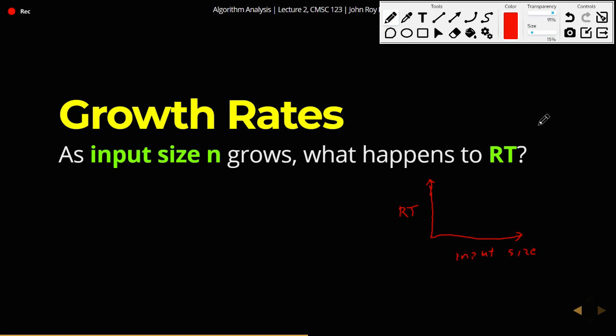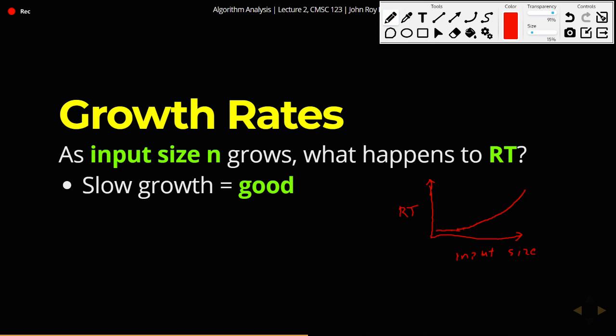As n grows, as it increases here, what happens to the running time? If it's a slow growth, that means that it's good. Even as we increase the input size, the running time doesn't really increase fast. So it has a very slow growth rate. That one is good.